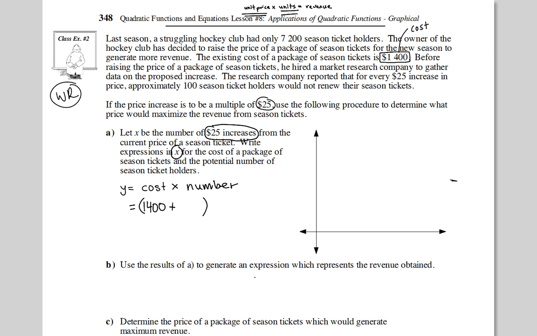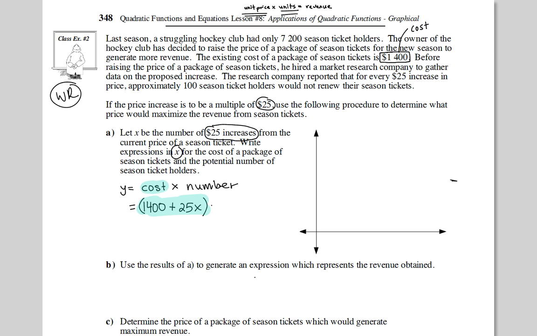If X is 2, you add 25 twice. If X is 3, you add 25 3 times. So for every increase in price, you'd write it like this. Okay, that's the cost. Let me highlight it for you. That's the cost.